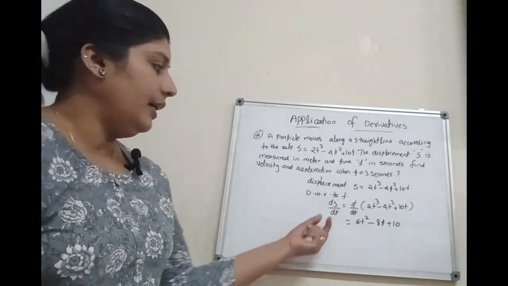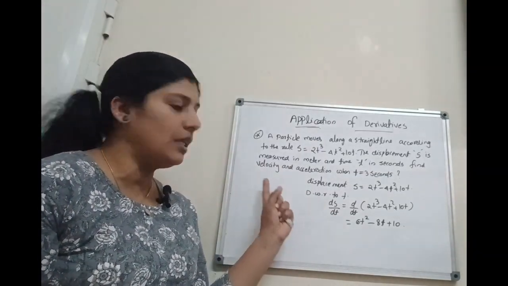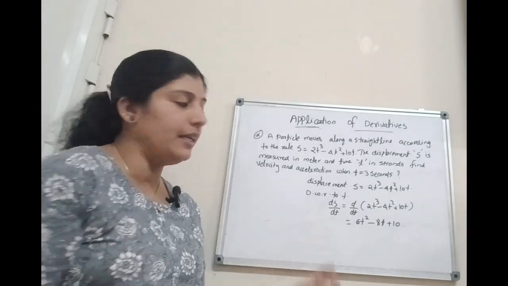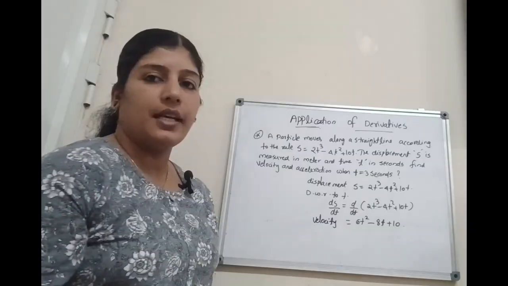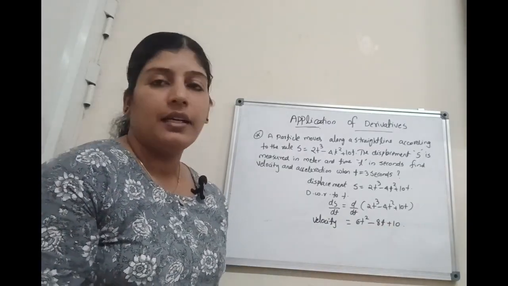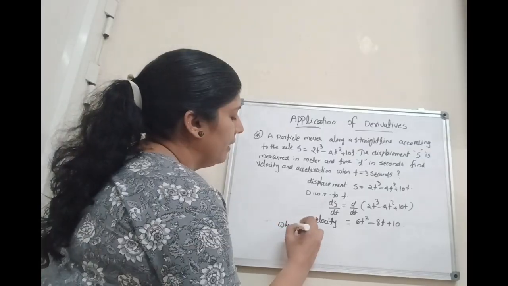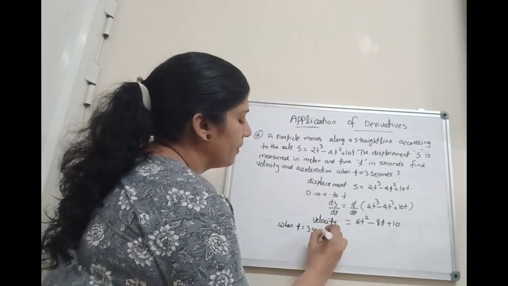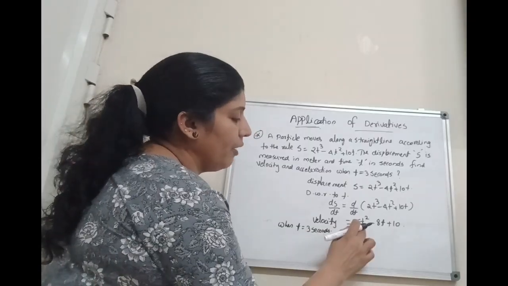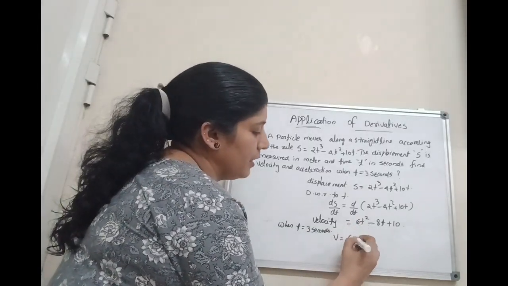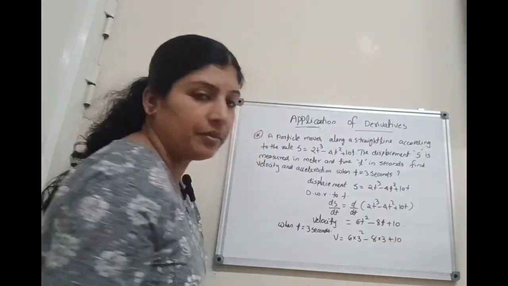Therefore ds by dt, the rate of change of displacement, is velocity. Therefore velocity is equal to 6t square minus 8t plus 10. Then to find the velocity when t equal to 3 seconds, V equal to what? Substituting t equal to 3, that is 6 into 3 square minus 8 into 3 plus 10.